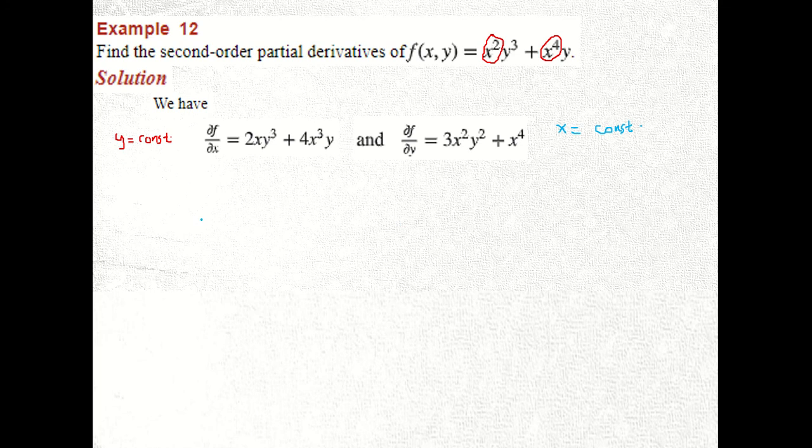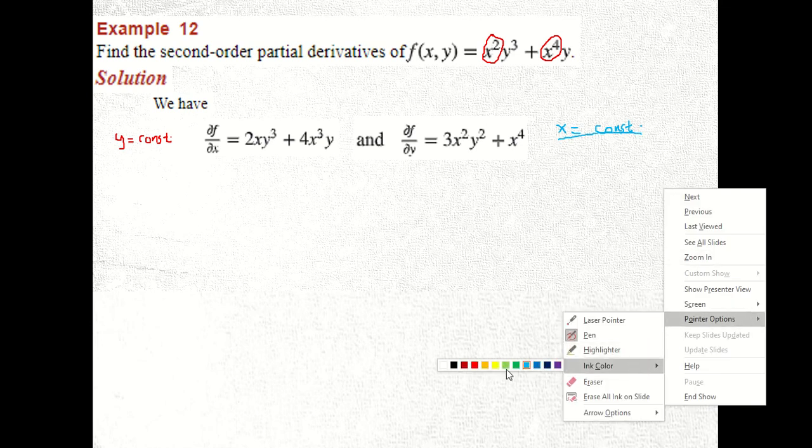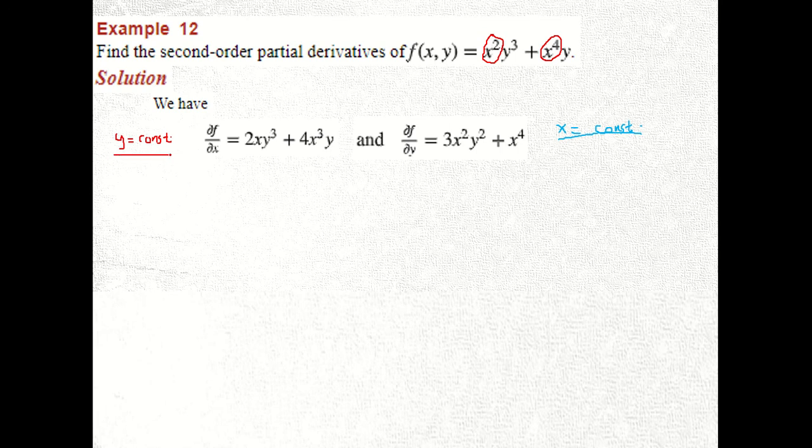So when you're differentiating partially with respect to y, x is constant. When you're differentiating partially with respect to x, y is constant. All right, take note of this. With respect to x, we hold y as constant, and when it's with respect to y, we hold x as constant.